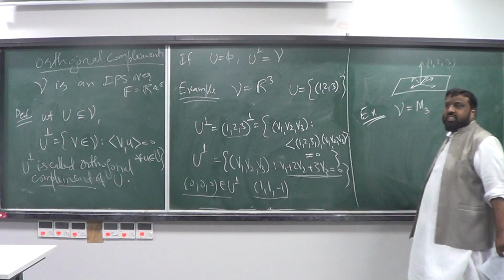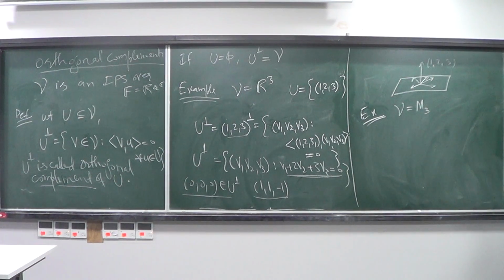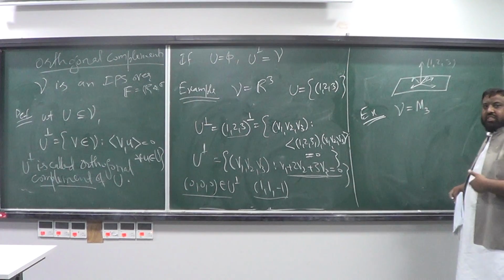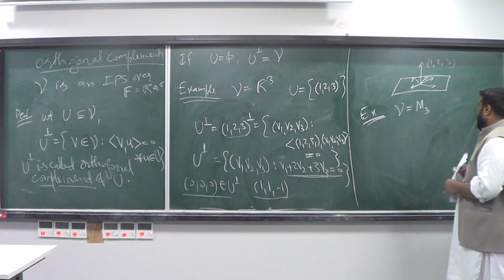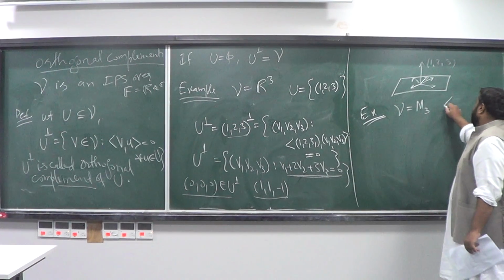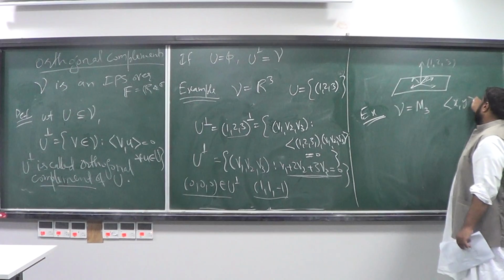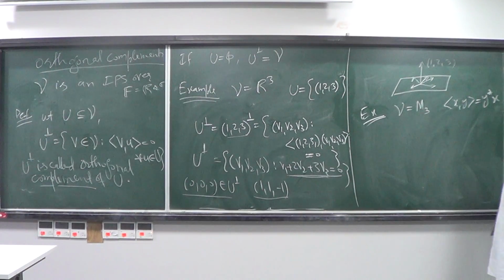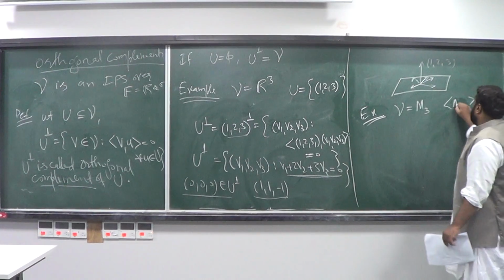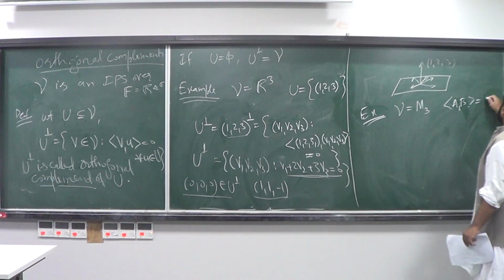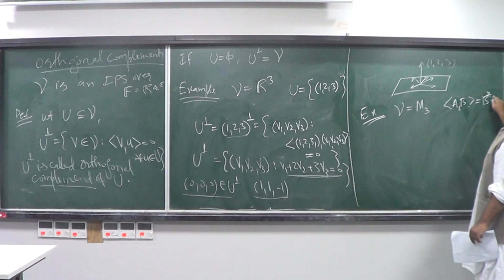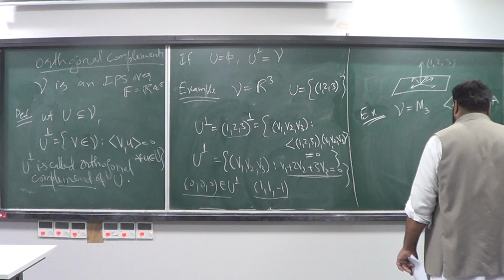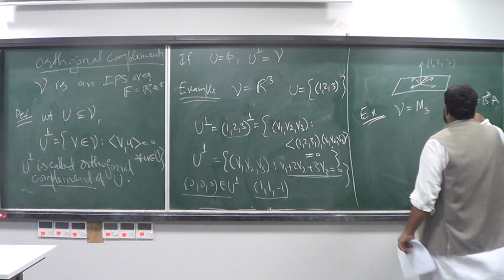For the sake of simplicity, let's consider M3, the collection of 3 by 3 non-singular matrices, with the Frobenius inner product, where the inner product is <A, B> = B*A, the conjugate transpose of B multiplied with A. This is the Frobenius norm.